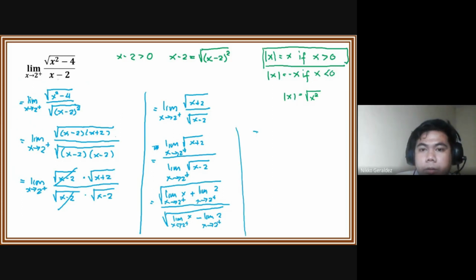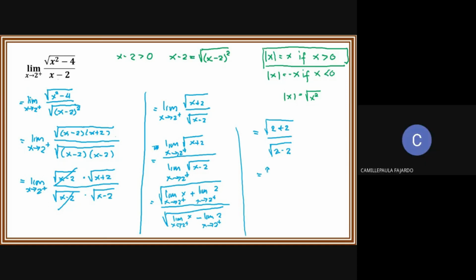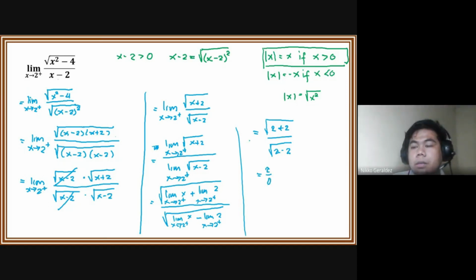So equal to square root of 2 plus 2 over square root of 2 minus 2. Or we have square root of 2 plus 2, that is 2, over 0.